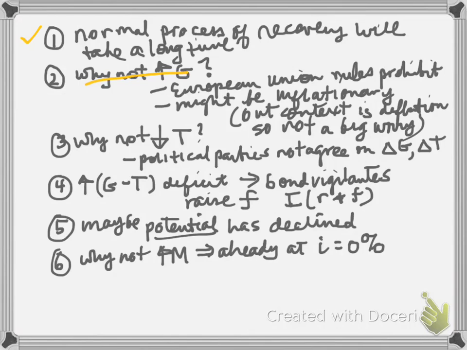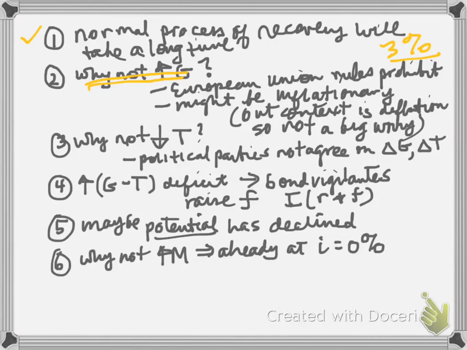Well, one problem is that for Europe at least, the European Union has rules that prohibit the government from having a government budget deficit of greater than 3%. So that's the cap for government budget deficit. So this increased government spending happening through borrowing, then the government budget deficit goes up unless GDP rises right away. Then that would violate those rules.